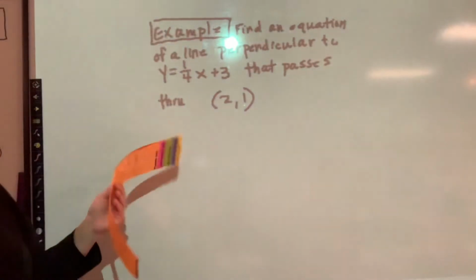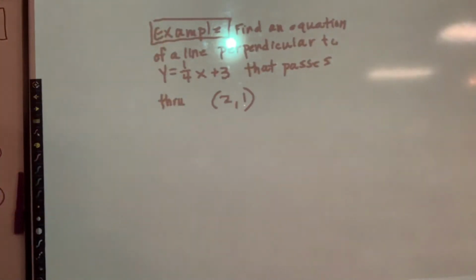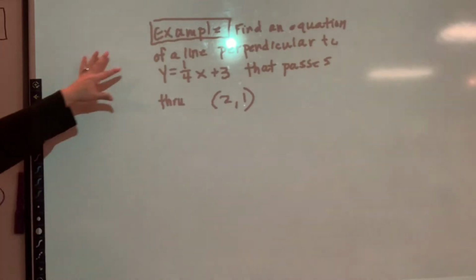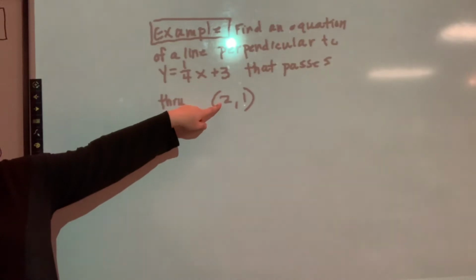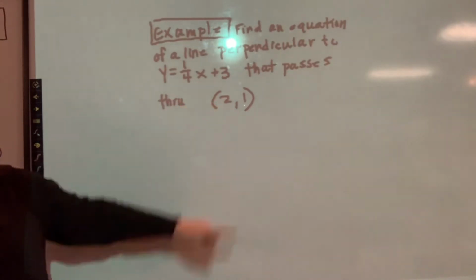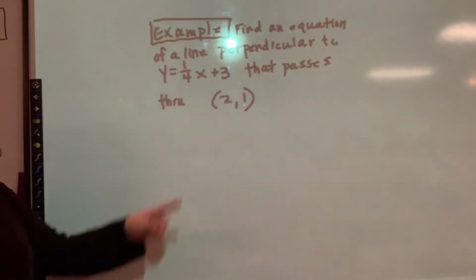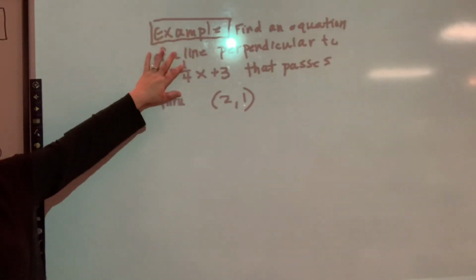This does not look any different than what you just did with parallel. It's just that the slope is going to be different. We still have a line that we've got to be perpendicular to, and they give you a point. Do we have a slope?